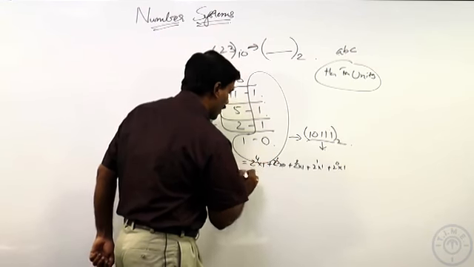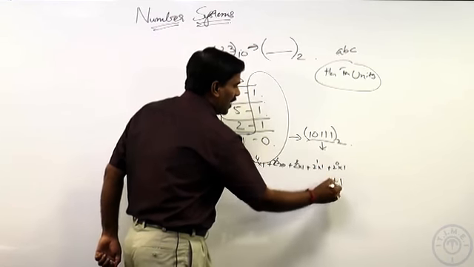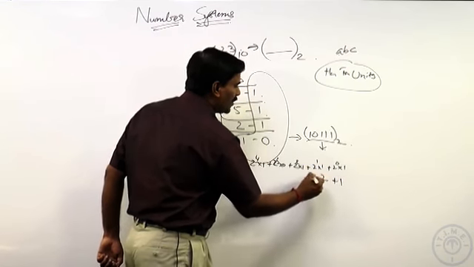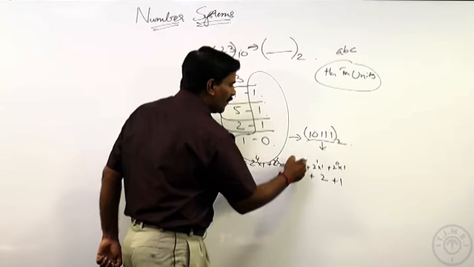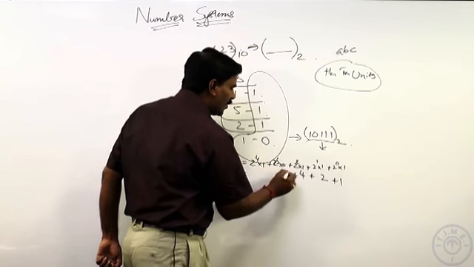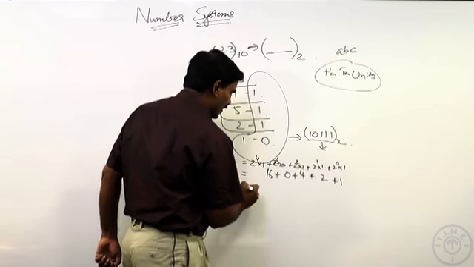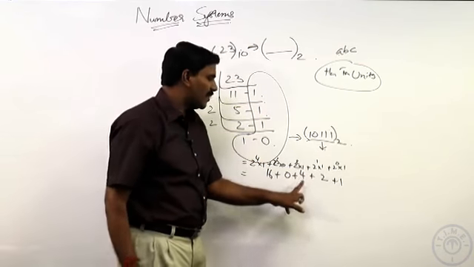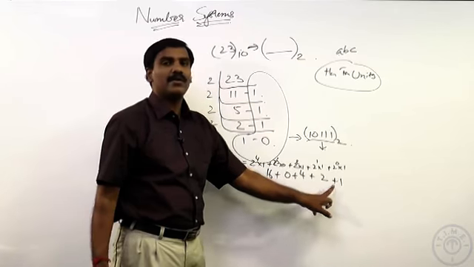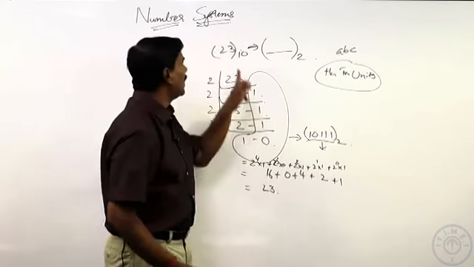In other words, 2 power 0 is 1, 1 into 1 is 1, 2 power 1 is 2, 1 into 2 is 2, 2 square is 4, 4 into 1 is 4, 2 cube is 8, 8 into 0 is 0, 2 power 4 is 16, 16 into 1 is 16. So 16 plus 4 is 20, 20 plus 2 is 22, 22 plus 1 is 23. This is the value of that number in decimal.